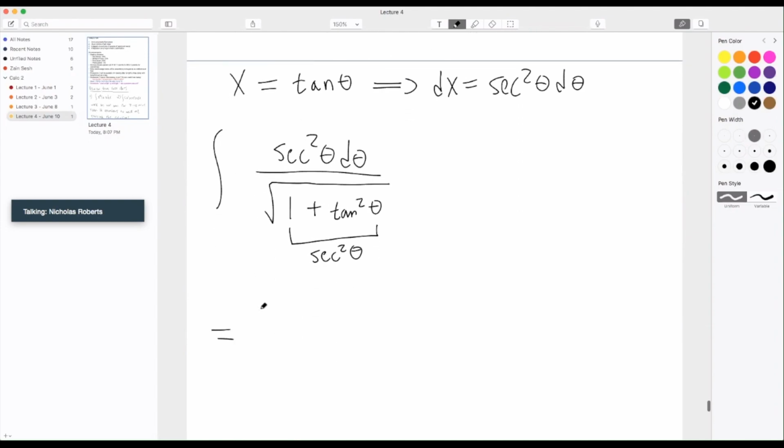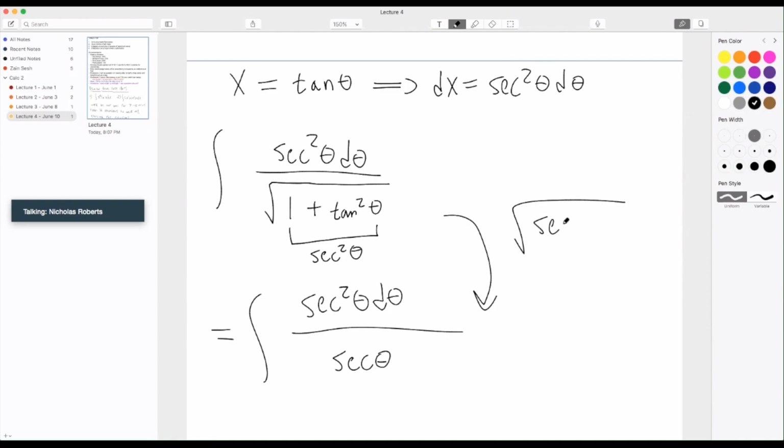So we have the integral of secant squared theta d theta. In the denominator, we have the square root of secant squared, which is just secant, because the square and the square root cancel out. I just used the fact here that the square root of secant squared theta is equal to secant theta.